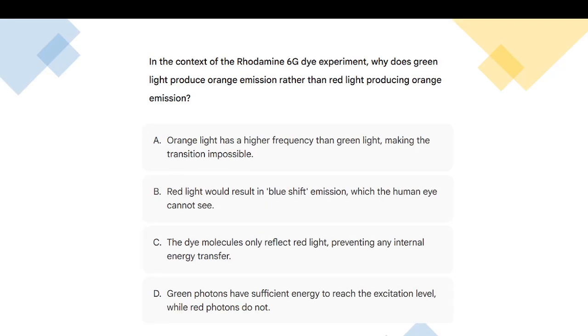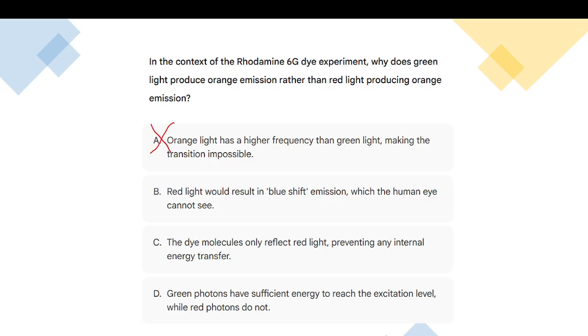Now talking about the next question, in the context of the Rhodamine 6G dye experiment, why does green light produce orange emission rather than red light producing orange emission? Option A, orange light has higher frequency than green light.